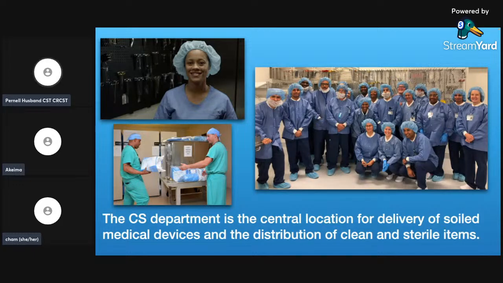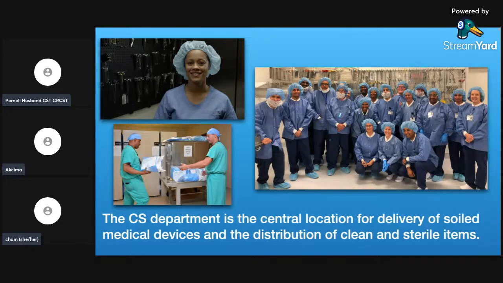They may also have a central sterile department that takes care of the other clinics and other areas of the hospital that require the same or similar services. So they have one area pretty much dedicated to taking care of the OR. You'll probably see that kind of setup in facilities that are much larger.